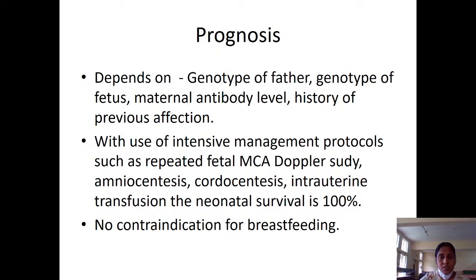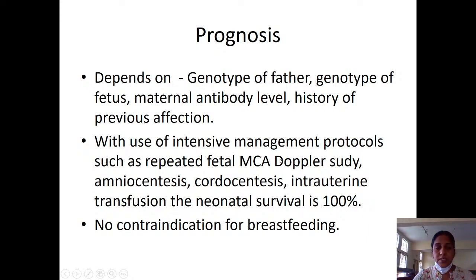The prognosis depends on the type of the maternal antibody and the history of the previous baby. All this decides the prognosis.